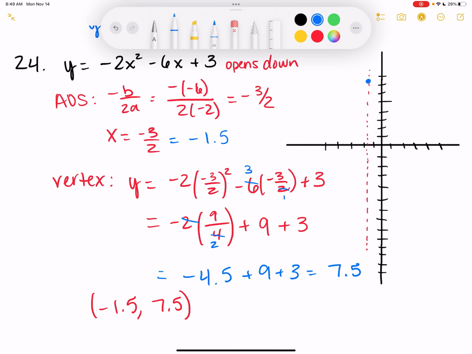So then this is one where I would plug in 0 to check it. So if I plug in 0, I have negative 2 times 0 minus 6 times 0 plus 3. So I'm left with 3.